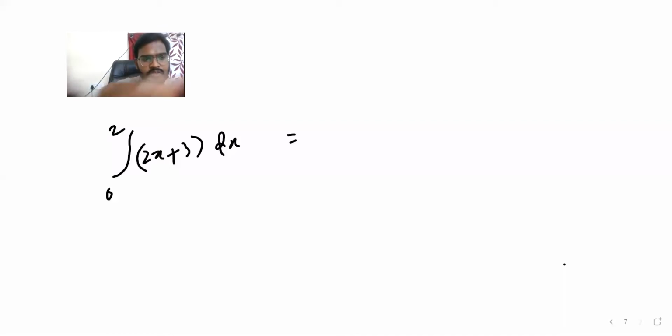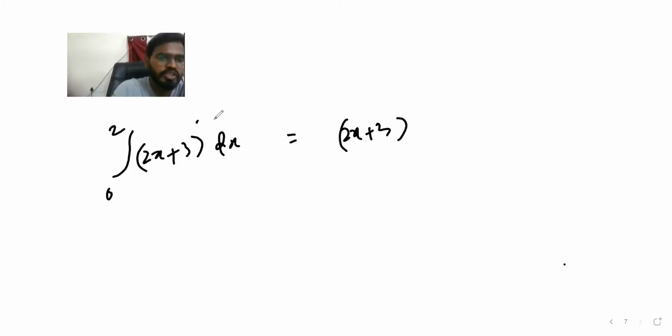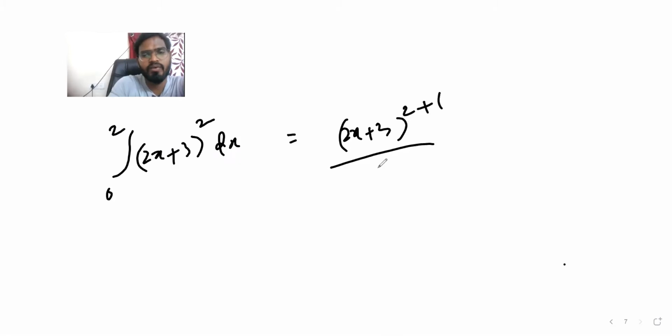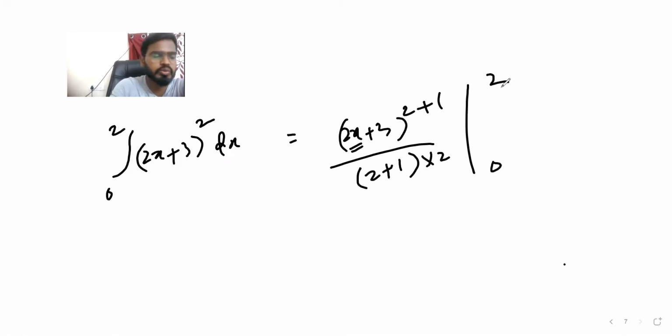So we can do it as 2x plus 3 to the power 1, this whole to the power 2, divided by 2 plus 1, and then here is 2, so that 2 will come here. And then we are supposed to put the limit 0 to 2.